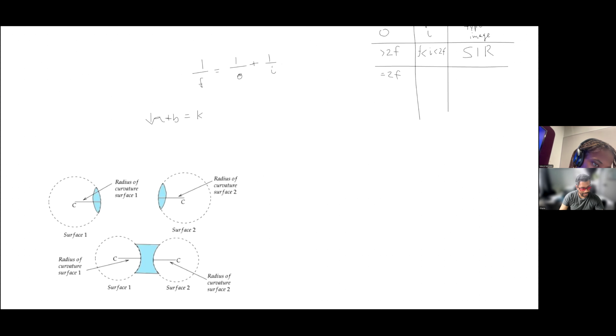So the focal length is going to be half of the radius of curvature. And then your focal length is half that.